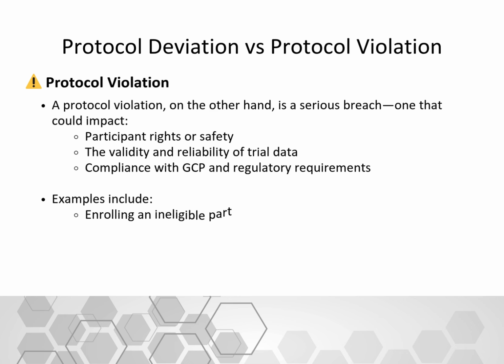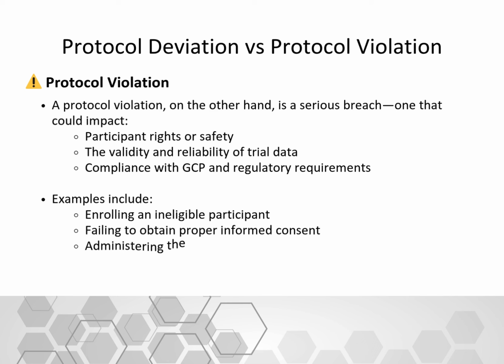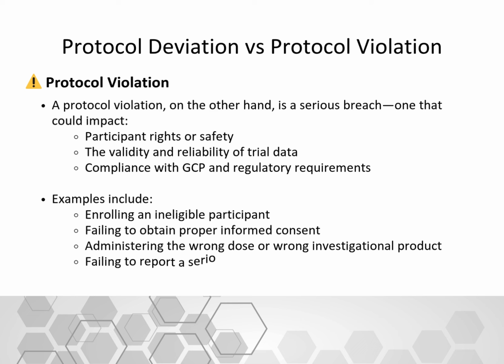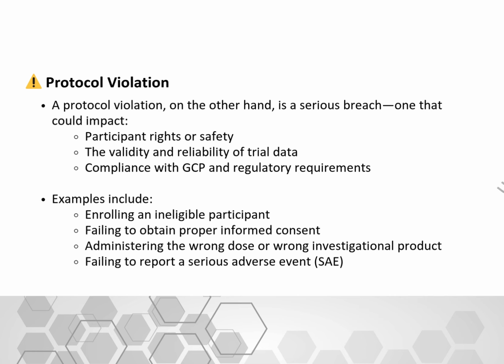Examples include enrolling an ineligible participant, failing to obtain proper informed consent, administering the wrong dose or wrong investigational product, failing to report a serious adverse event, SAE. Violations are reportable to the sponsor and sometimes to regulatory authorities. They may lead to subject withdrawal, site retraining, or even disqualification of data from analysis.